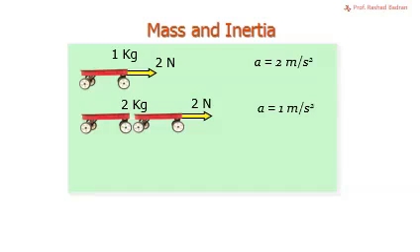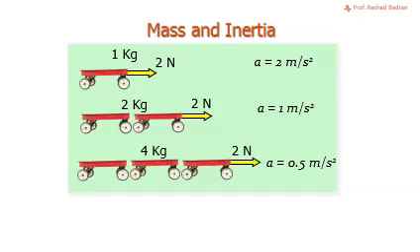By applying a 2 Newton force on a mass of 1 kilogram, we got an acceleration of 2 meters per second square. Keeping the same force but doubling the mass, we're going to get a lower acceleration. Then increasing the mass to 4 kilogram, keeping the same force, we're going to get an acceleration of 0.5 meter per second square. What does that mean?